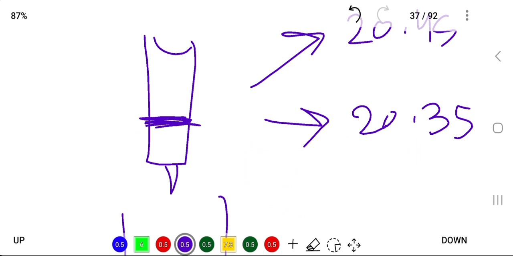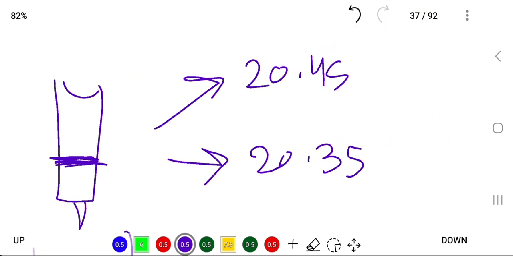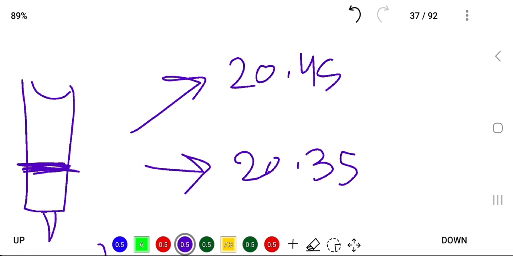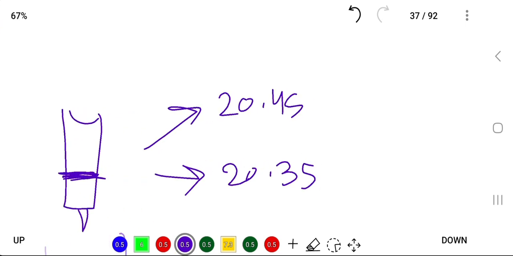So I did the titration experiment 2 times accurately. You should have the same results, same range as the results of your teacher, and your values were 20.45 and 20.35.